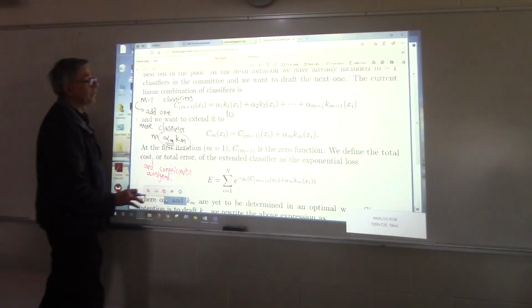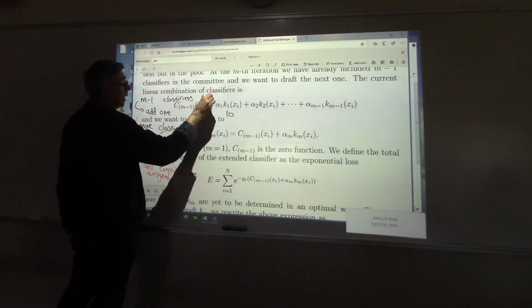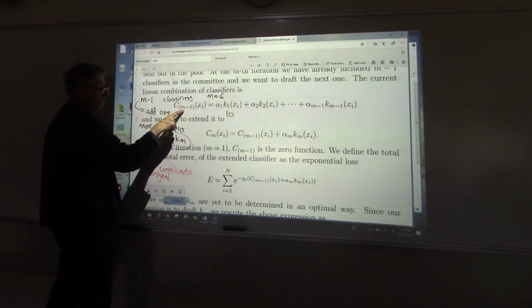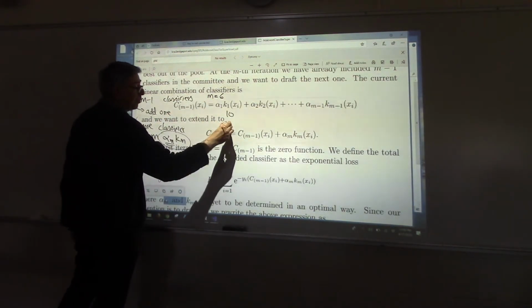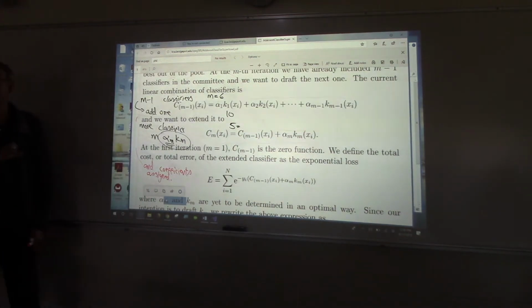So let's say we already have 10 classifiers. Again, let's pick m equal to 6, which means 5 have already been picked. We are trying to pick the 6th one. So how many are remaining if we had a total pool of 10 classifiers? 5 will be remaining, right?